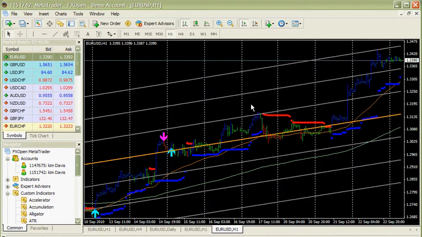The advanced template has two additional features. The first feature is a trend indicator, which is the orange line right here. The orange line basically indicates what direction the main trend is going. So in this case, it's going up. That means we are in a buy mode.